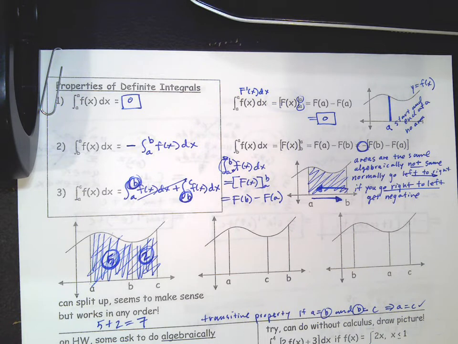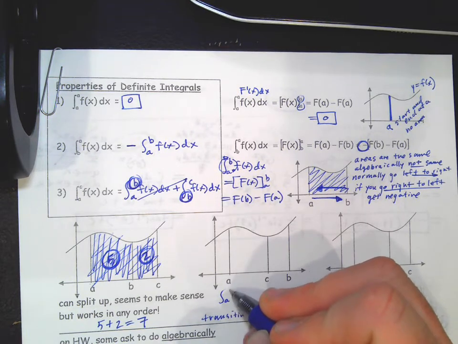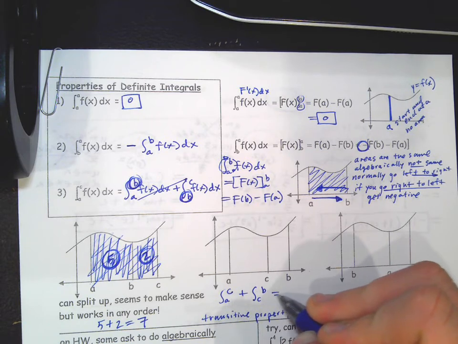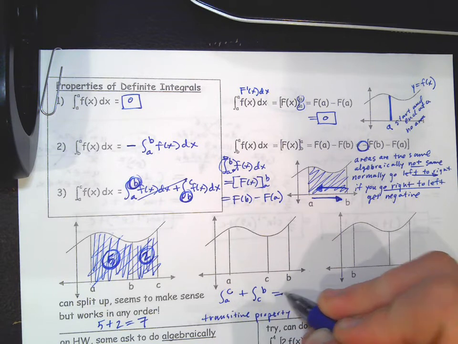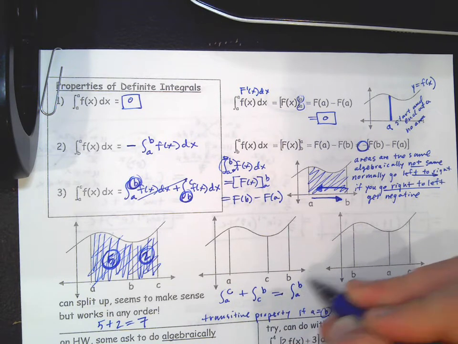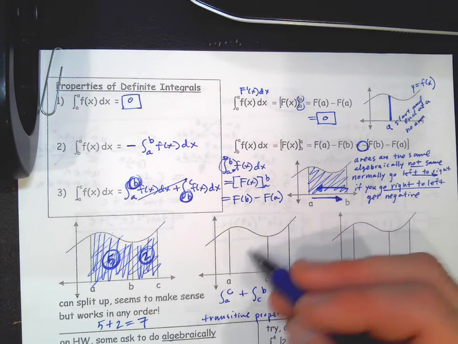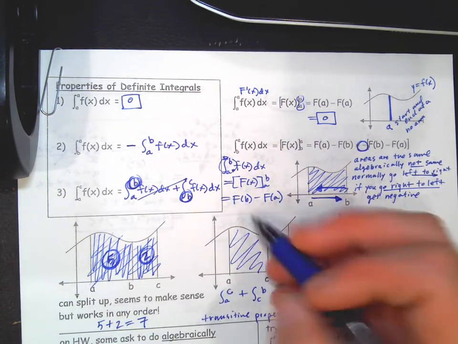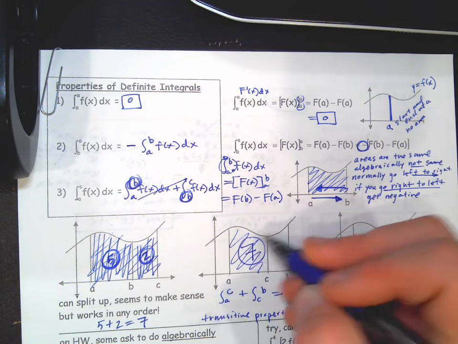But here's the crazy thing. We can actually mix it up in any order. So what if I said A to C plus C to B? I'm telling you, it's just going to be the same as A to B. Now let's check it out. Now this picture isn't accurate, but I want to use the same values. A to C is 7, right? That's what we just got done.